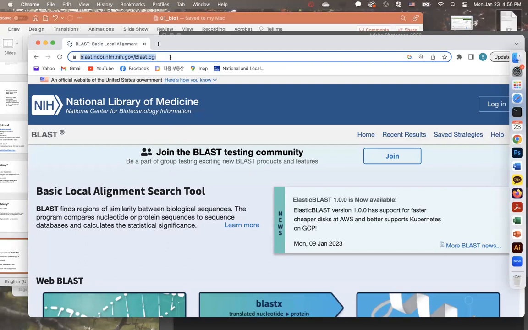The name of that database. Okay. Forgetting a lot of things nowadays.